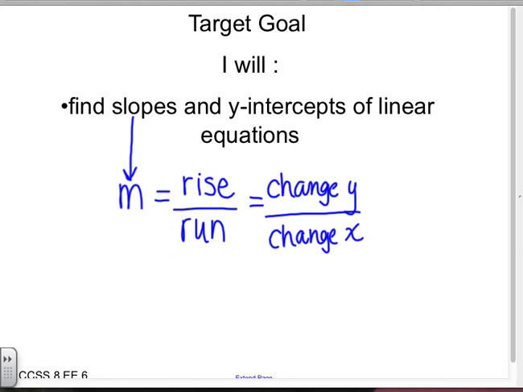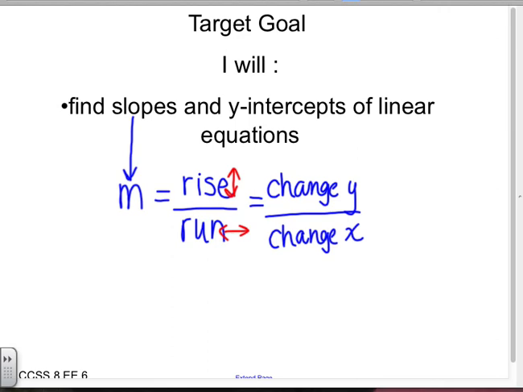It helps you establish how steep the line is and if it is a positive slope or a negative slope. And just to recap, rise is how far it goes up or down, and run is how far it moves side to side from one point to another.